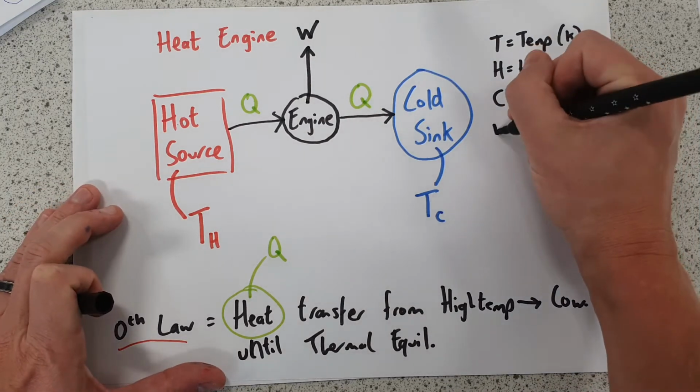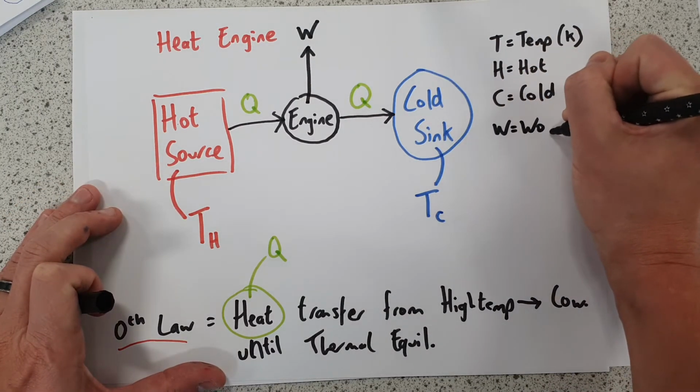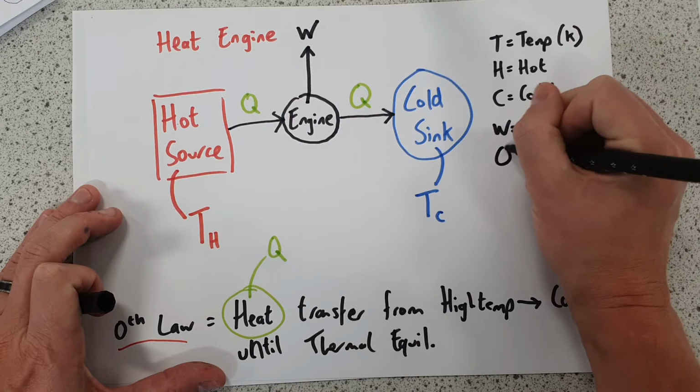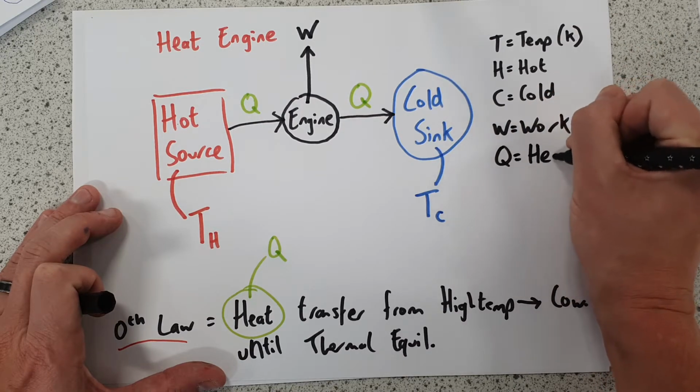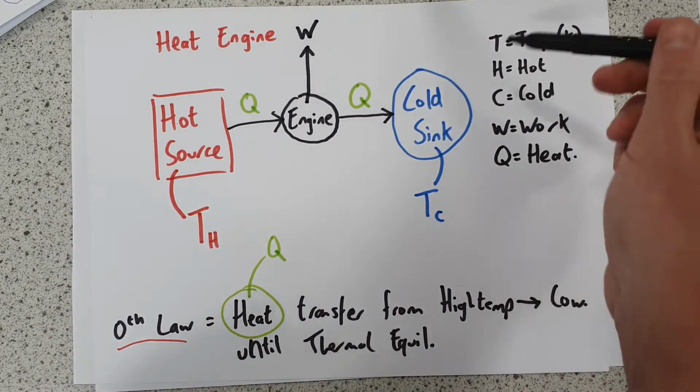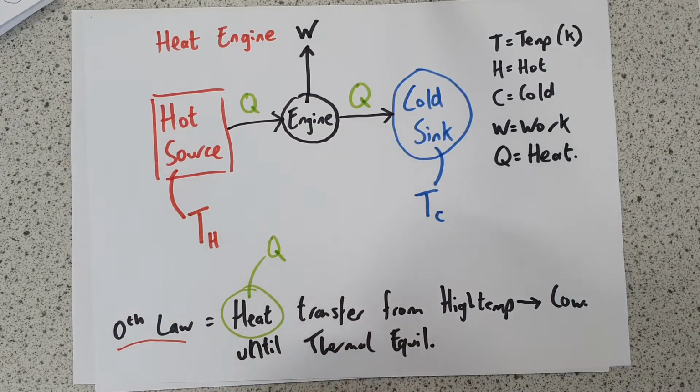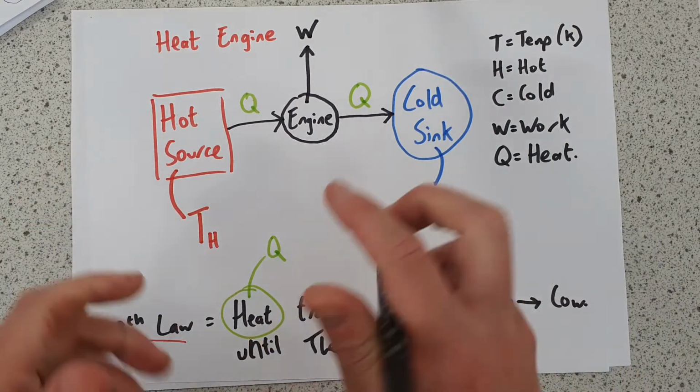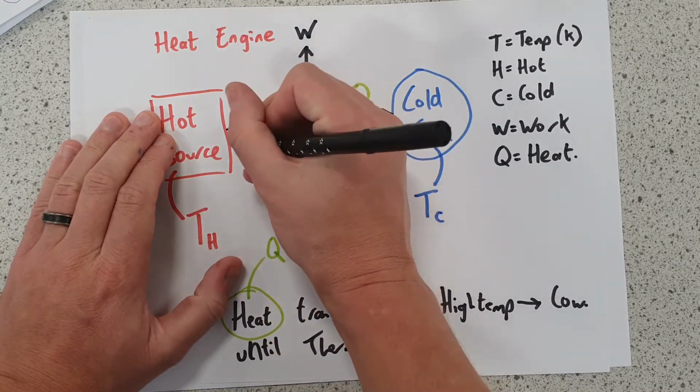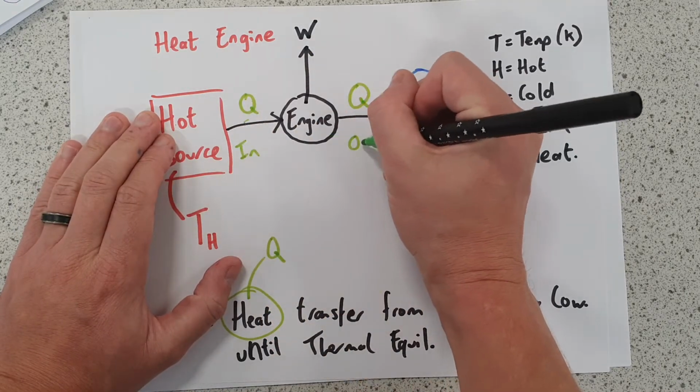Okay, so W is work and Q is heat. Okay, so we've got all our letters in here denoted now, and what we need to be comfortable with at this point is that this is an input and this is an output.